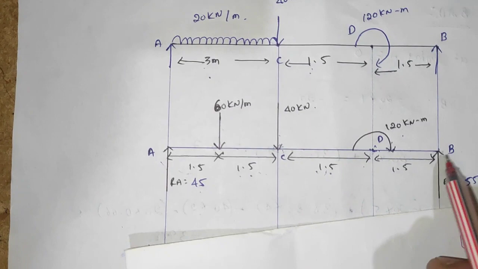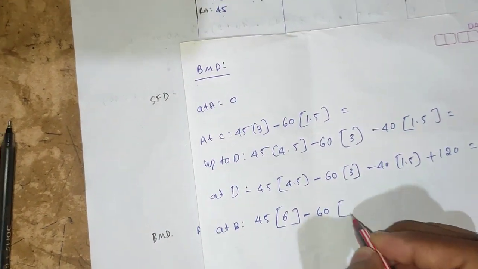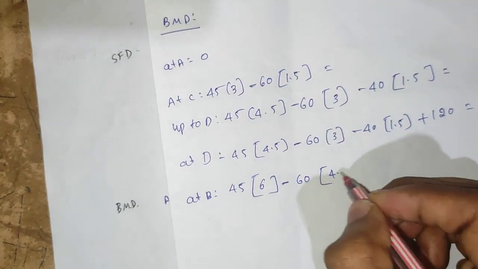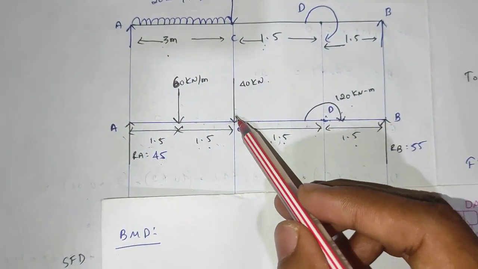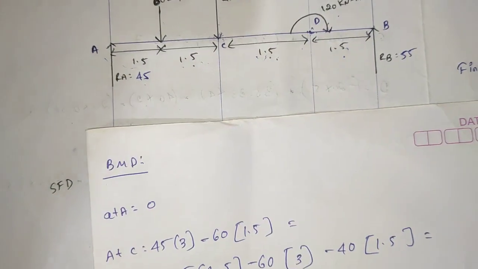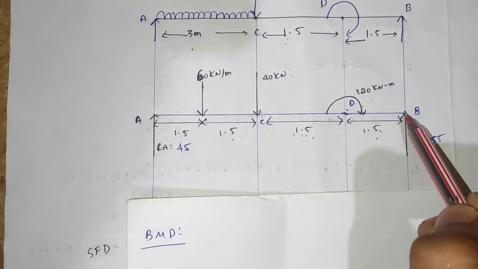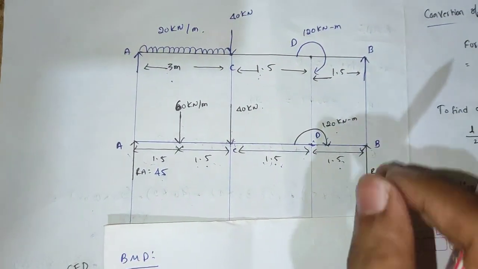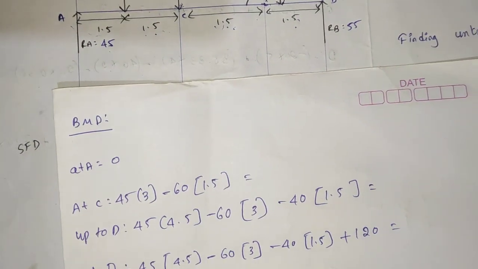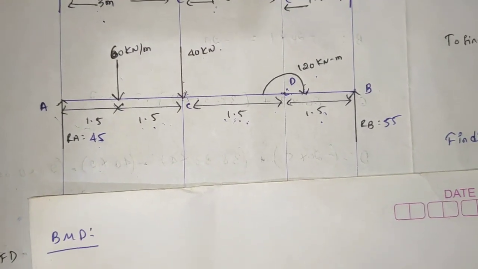From here this is anticlockwise, minus 60, but the distance must be 3 plus 1.5, that is equal to 4.5. Then this is anticlockwise, minus 40 into 3. Next, this must be clockwise for point B too, so we take this as 120. Plus 120.